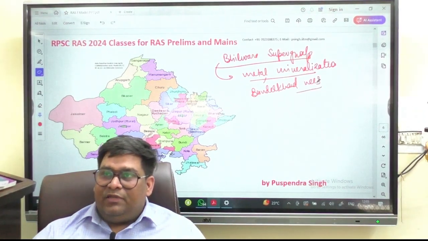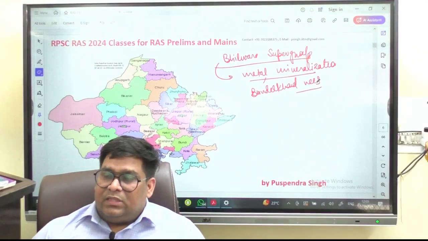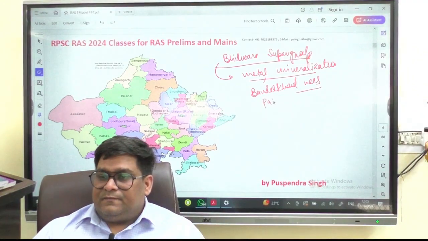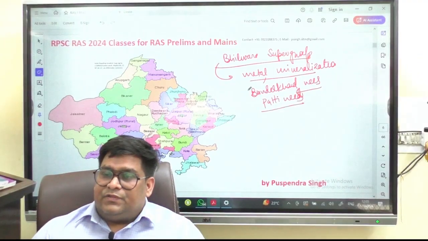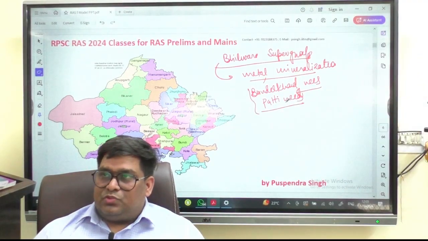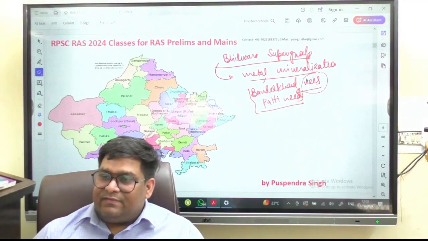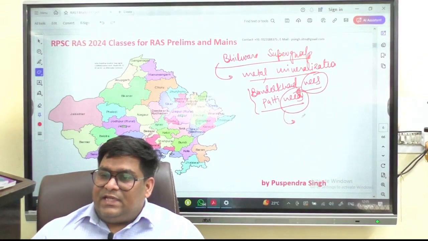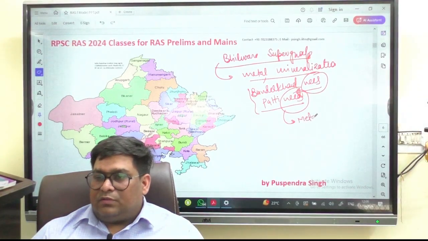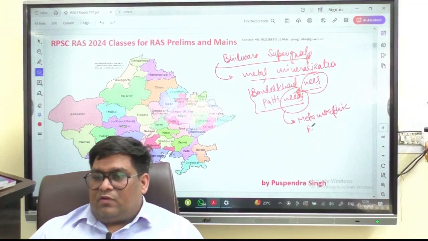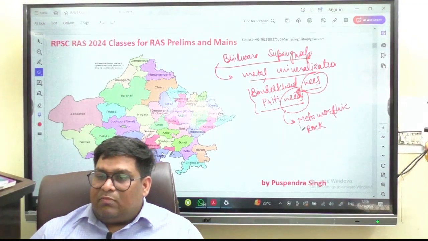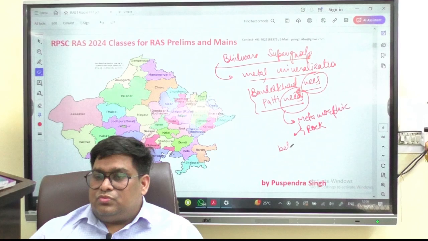Then you have the banded gneiss, so it is a blend of these two. What is gneiss here? Gneiss is a metamorphic rock, and this metamorphic rock belongs to the Archean era.